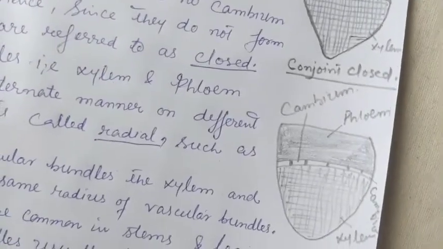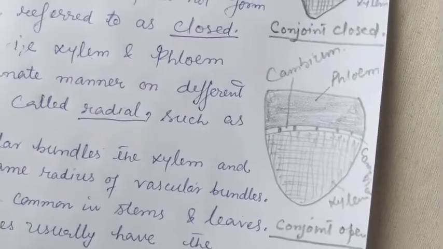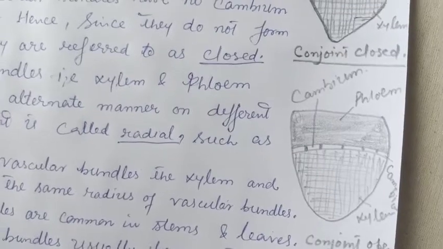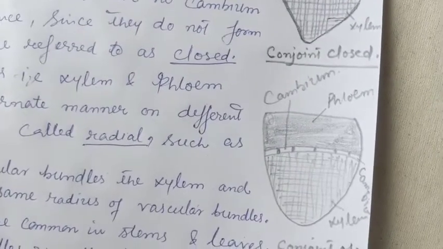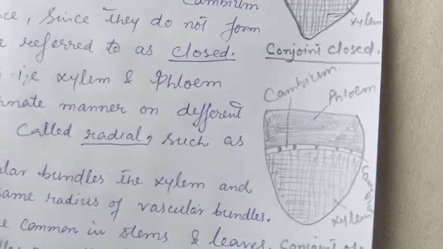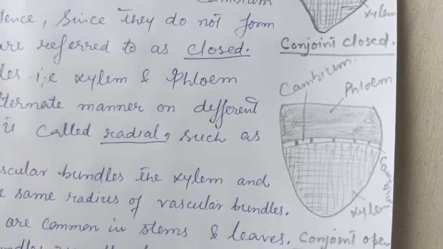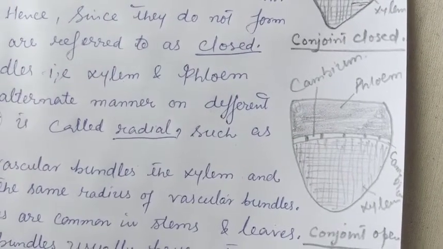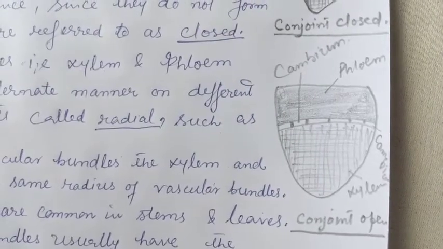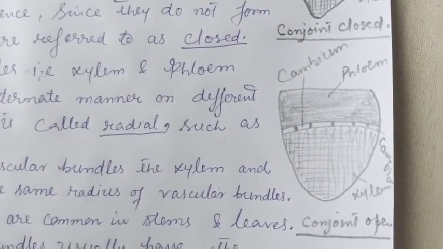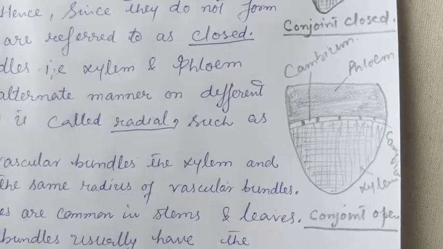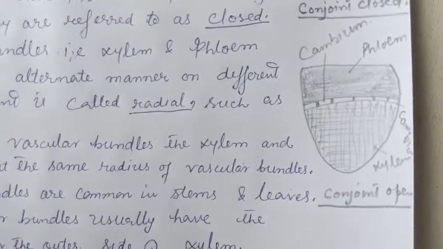And here this is the conjoint open type, wherein the xylem and phloem are separated by the cambium, in which the secondary growth takes place. These are the three types of vascular systems found in plants, both in dicots as well as in monocots.